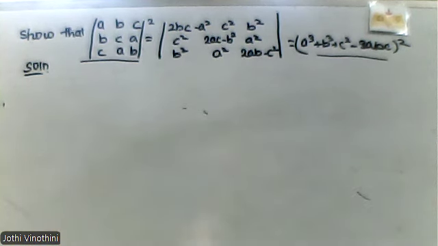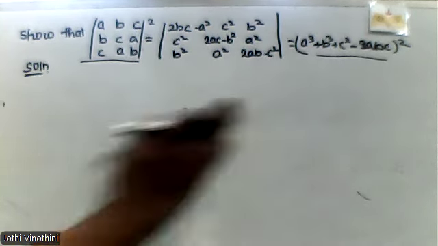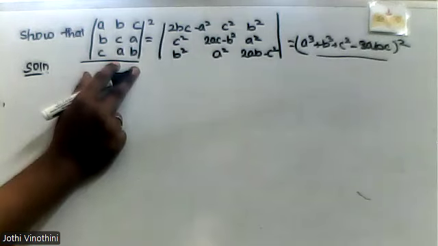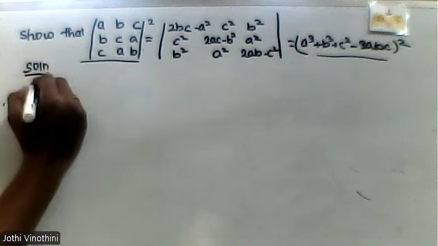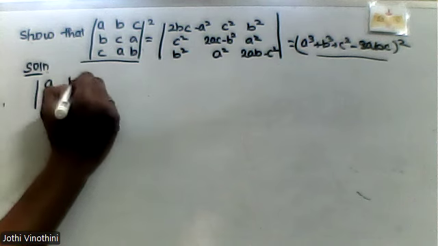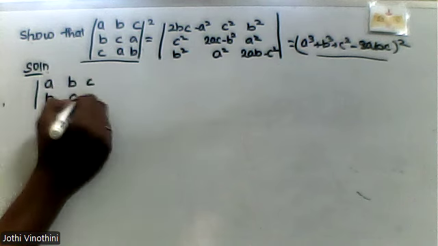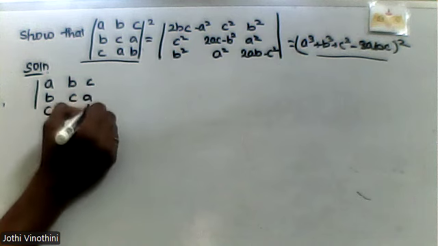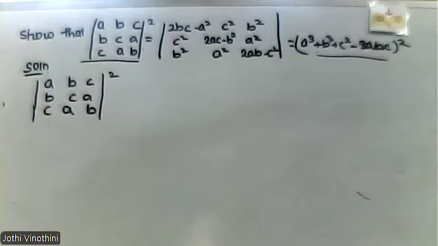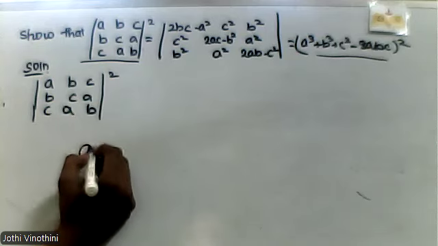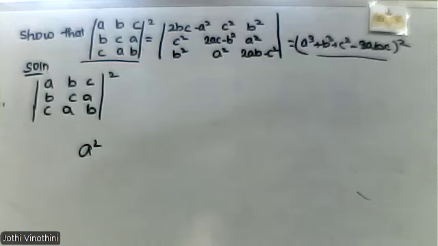Okay. The next step is I'm simply going to take this one, right? So I'm simply taking the matrix with rows A, B, C; B, C, A; C, A, B, the whole square. If it is A squared, how will we expand it?